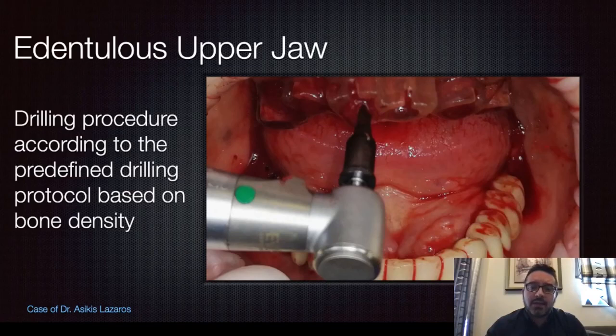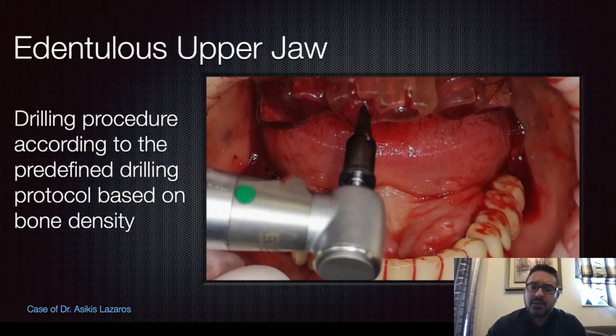You can calibrate the whole CBCTs to the best values fitting the Hounsfield measurement. So if you have a D1 density bone, you have a different protocol. If you have a D2, D3 or D4, you take a different protocol for drilling.